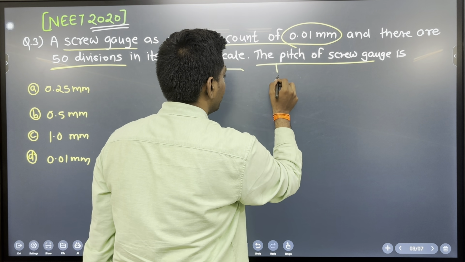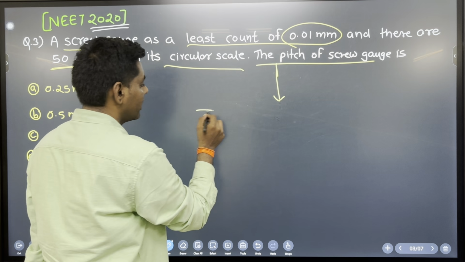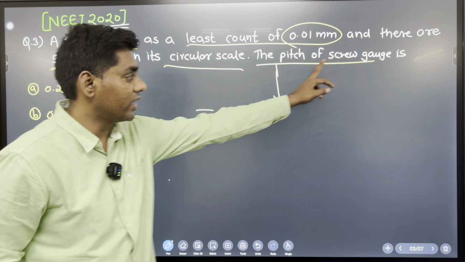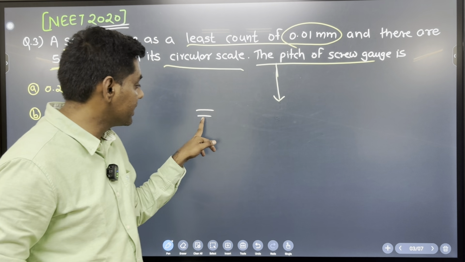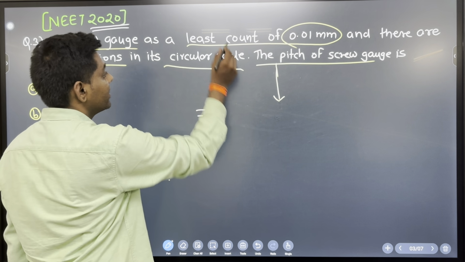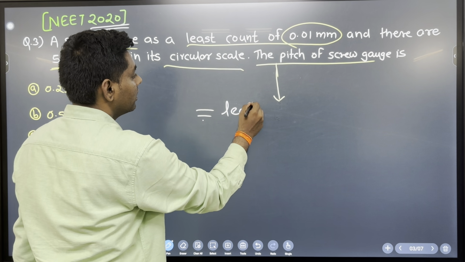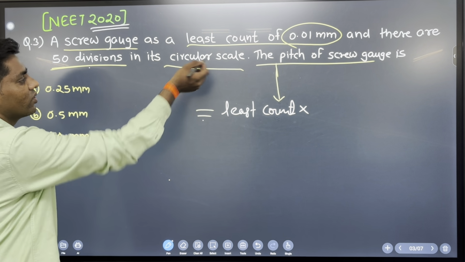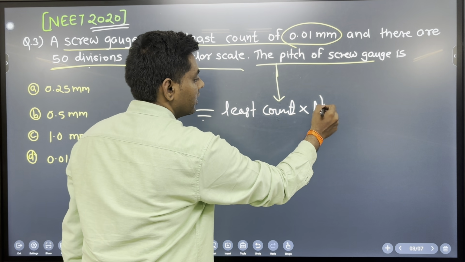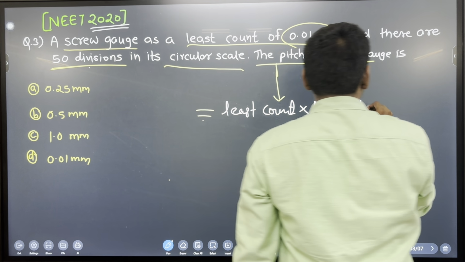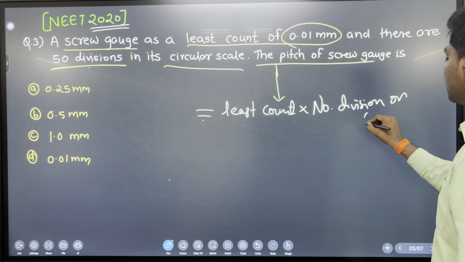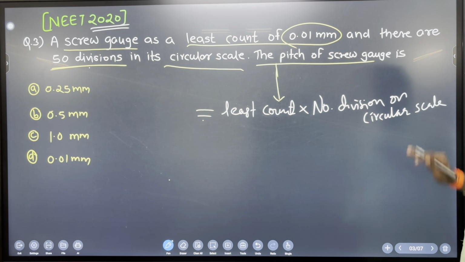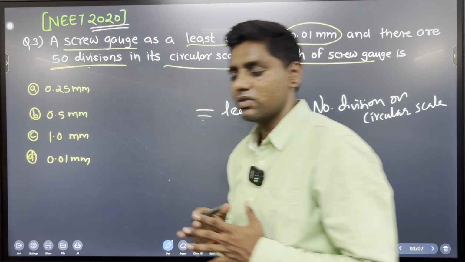So we can calculate the pitch of the screw gauge is equal to the least count, remember the formula, multiplied by the number of divisions on the circular scale.